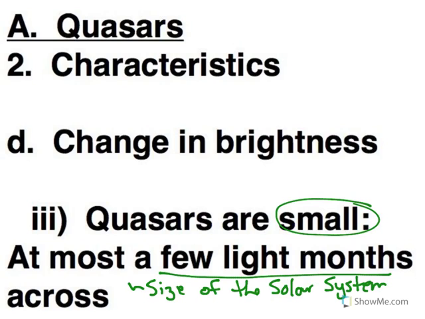Remember, our Milky Way is about 100,000 light years across. So, imagine a couple months compared to 100,000 years. So that's small compared to galaxies. So we'll put in our little context here, small compared to galaxies.